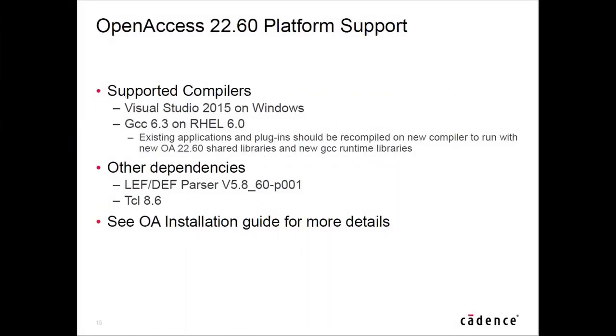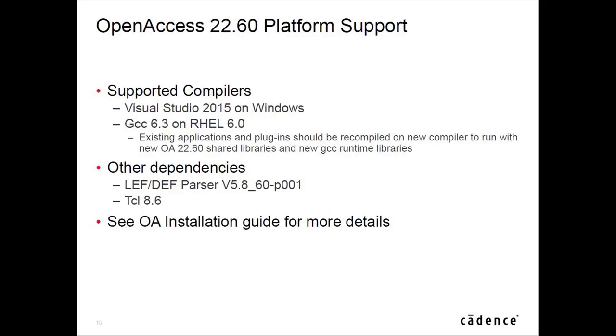So I wanted to say a little something about which platforms are supported in 2260. We've moved to Visual Studio 2015 on Windows, although I think our install notes for 2260.005 were incorrect about this. That's being fixed in our next release. And we're also moving to GCC 6.3 on Red Hat 6.0.